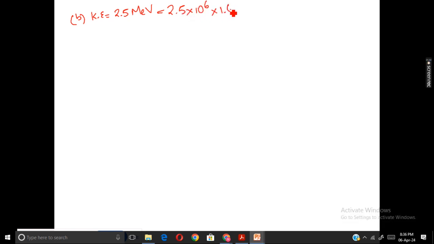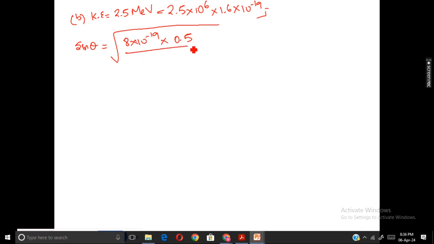Now the second case, when kinetic energy is 2.5 mega electron volt, which is 2.5 into 10 raised to 6 into 1.6 into 10 raised to minus 19. In that case, sine theta will become root of mu, again 8 into 10 raised to minus 19, into B, which is 0.5 Tesla, by kinetic energy, which is 2.5 into 10 raised to 6 into 1.6 into 10 raised to minus 19.